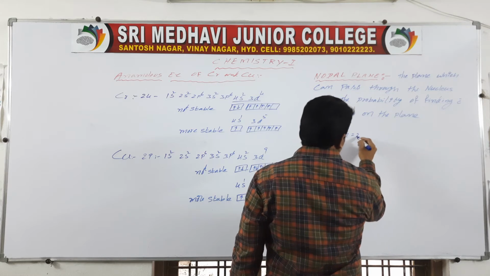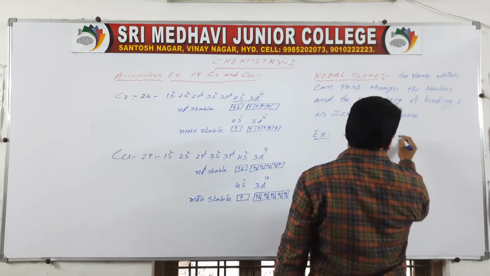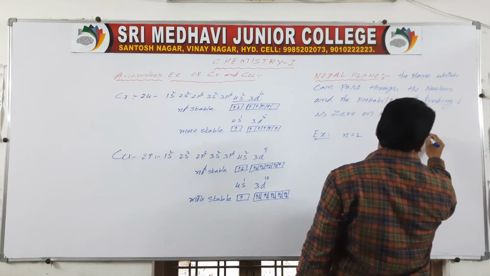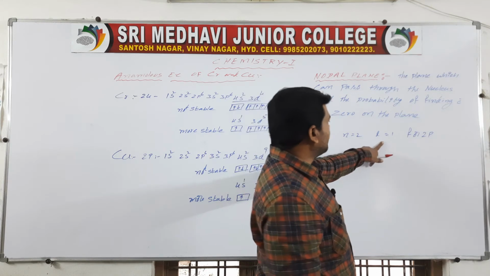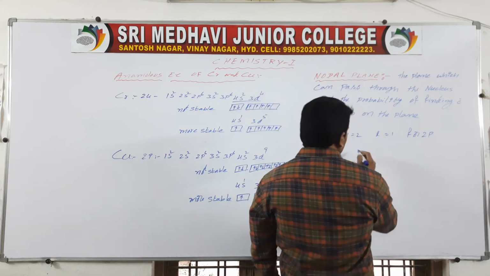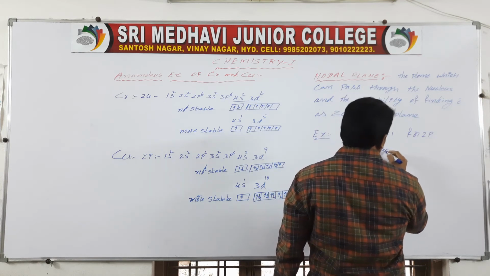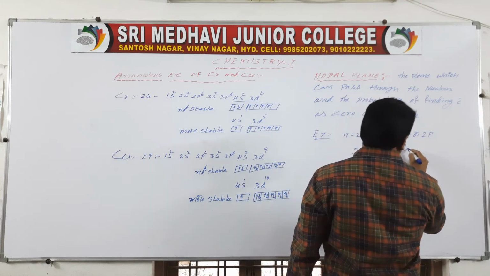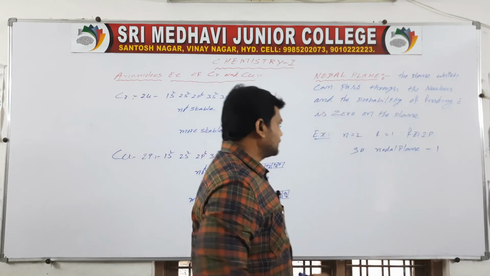n is equal to 2, l is equal to 1 for the 2p orbital. Hence, the L value is 1, which means nodal planes is 1 for 2p.